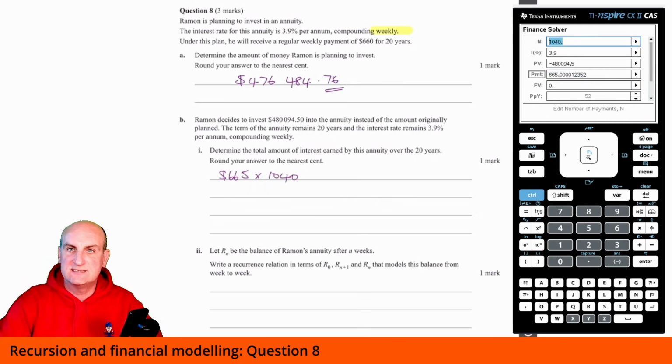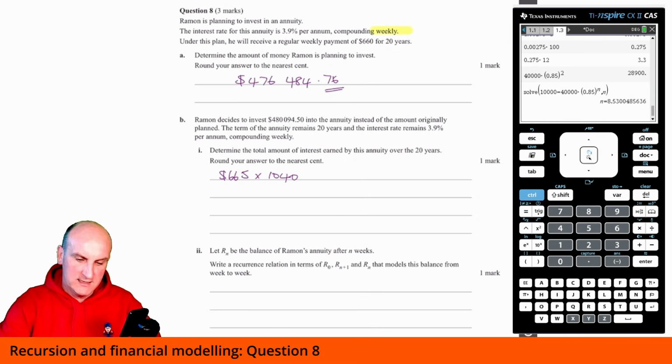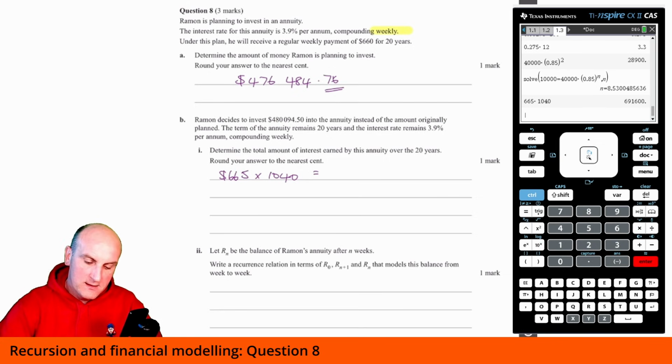The reason I know that is because it's up here, the number of weeks you've already got. So let's hit escape for the moment so that I can go to that. So 665, multiply that by 1040 is going to give me 691600. So that's how much has been taken out of the annuity in total.